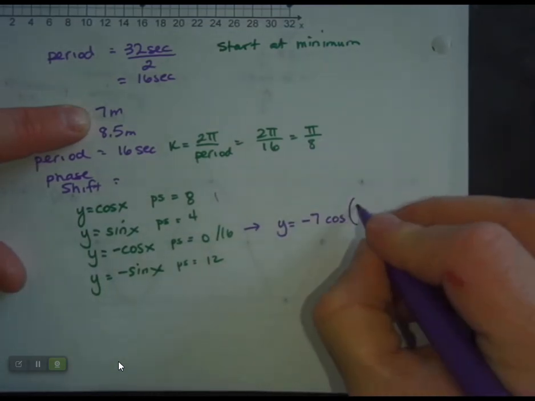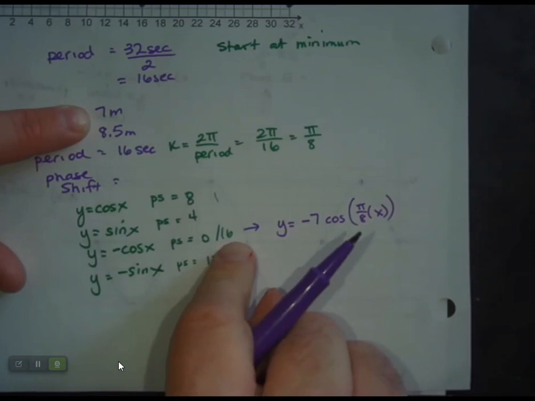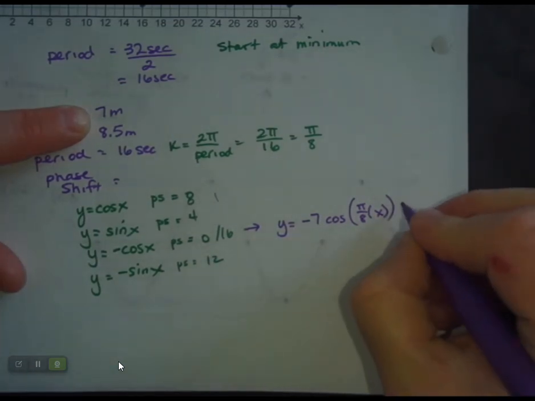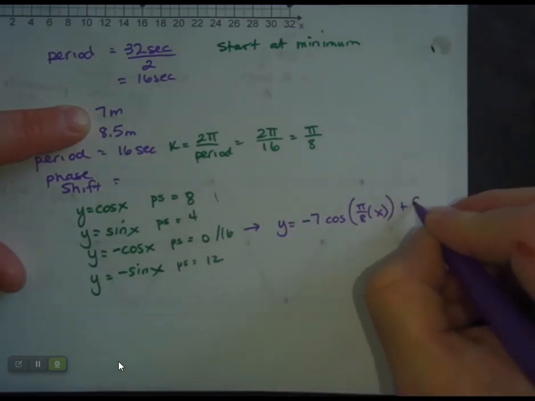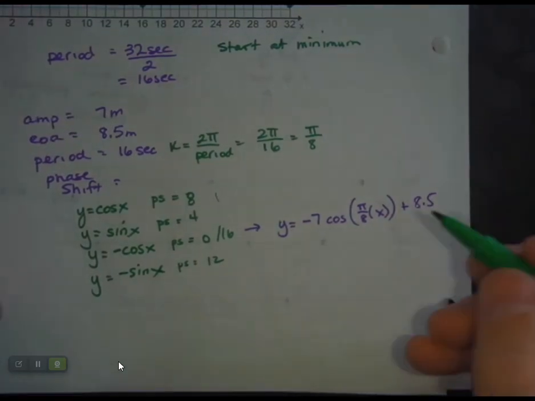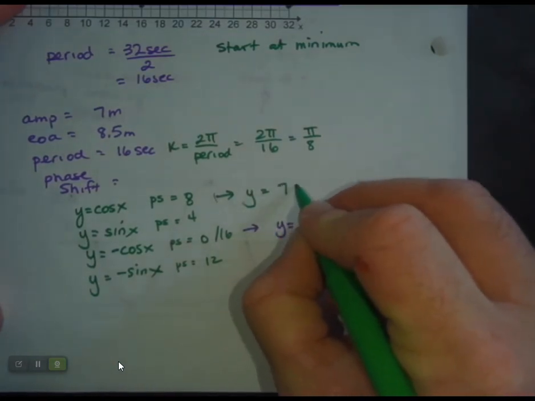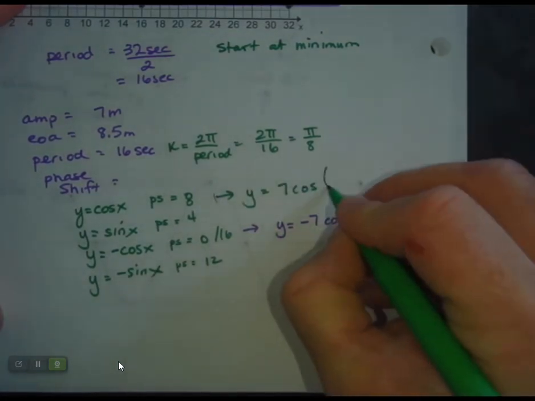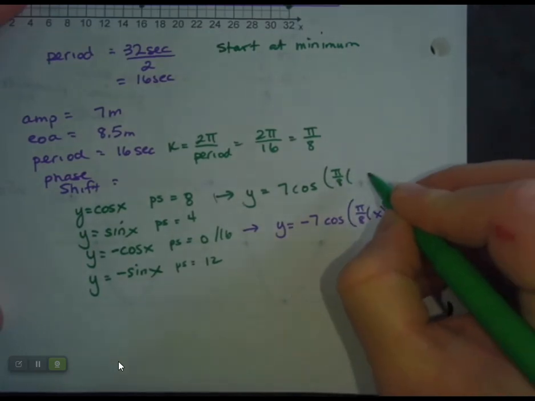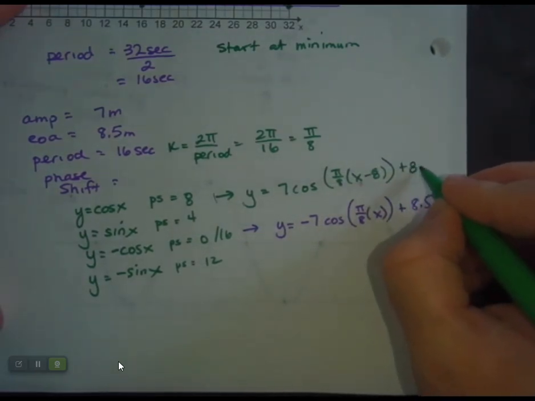My K value is pi over 8, x minus 16, plus 8.5. And maybe I'll do the positive cos. y equals 7 cos pi over 8, x minus 8, plus 8.5.